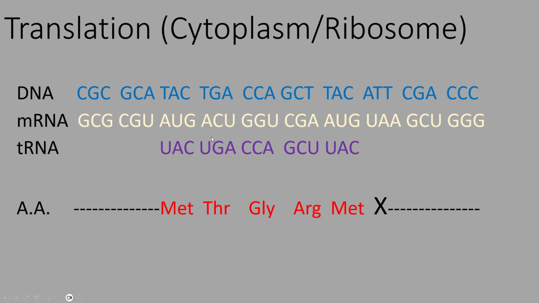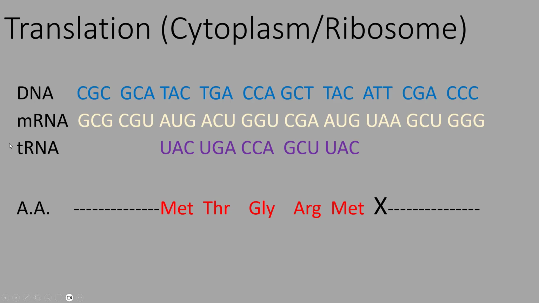And anytime we have UGA as an anticodon for a tRNA, that tRNA that has UGA is carrying threonine. He brings the threonine along, he clicks together, he gives threonine to the ribosome who adds it to the methionine. Another transfer RNA brings glycine to the ribosome who adds it to the threonine, on and on and on.